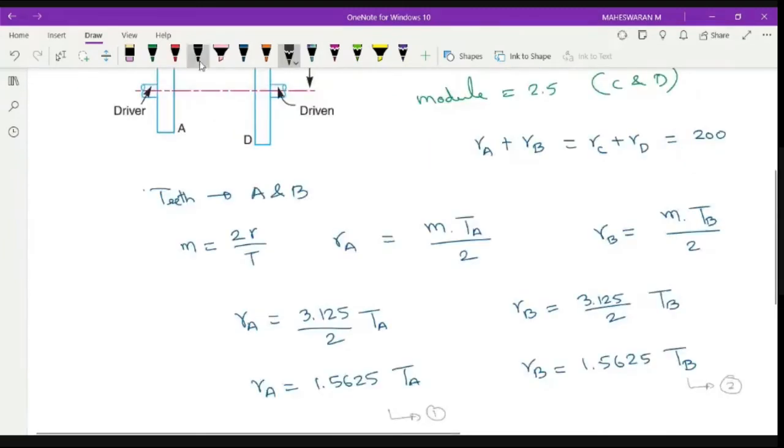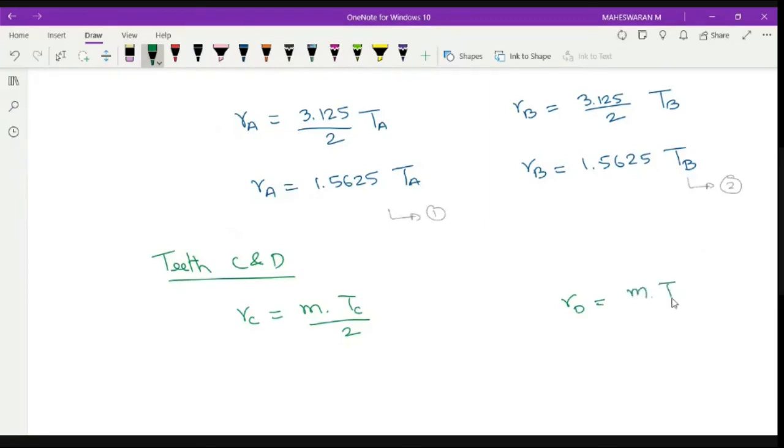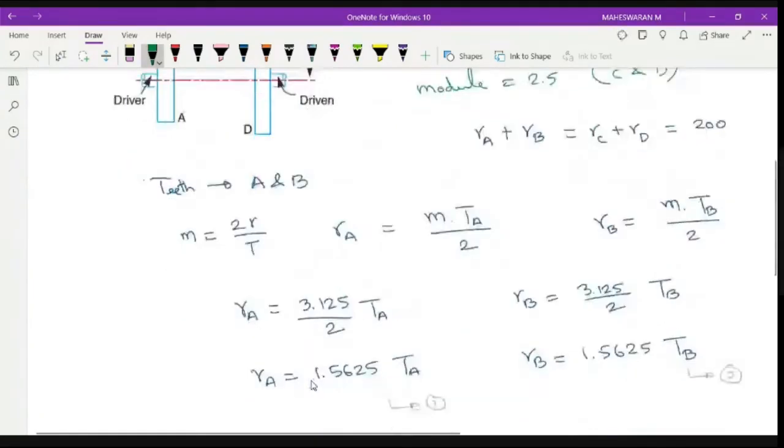What will be the teeth for the second pair? Let's go for the teeth. Similarly, I write RC is equal to M into TC divided by 2. Similarly, RD is equal to M into TD divided by 2, where M now is 2.5.